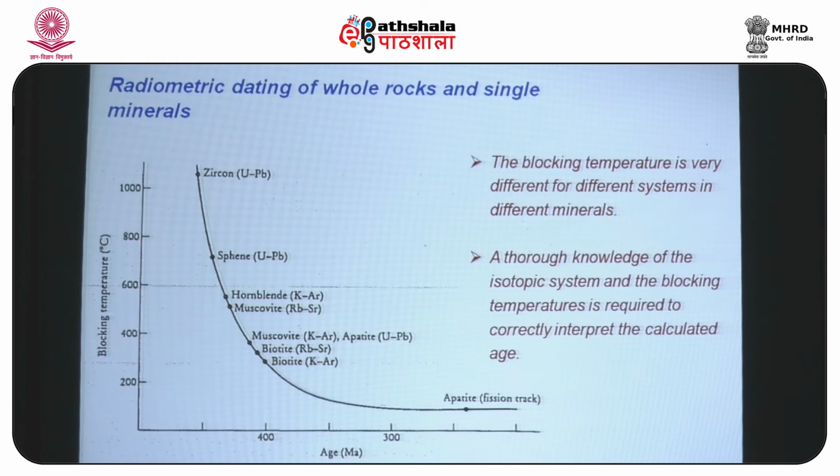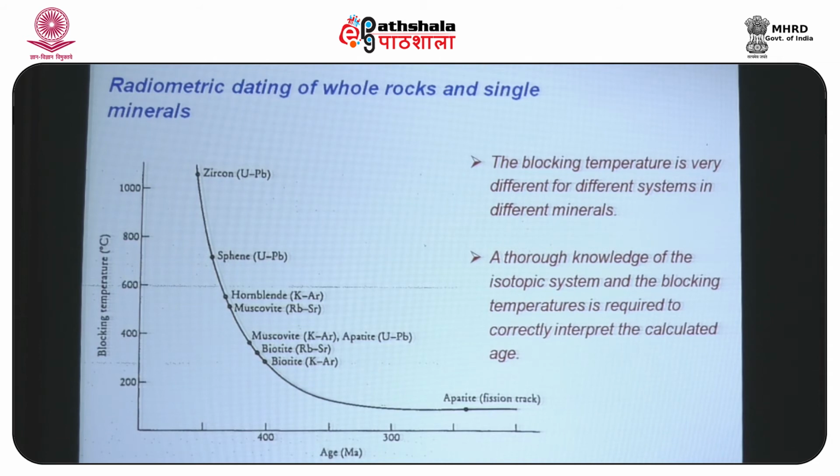So, what is very important from this diagram is that we need a very thorough knowledge of the isotopic systems and the blocking temperatures to correctly interpret the calculated ages. What we can see here is that the ages of these different minerals of the same rock are very different.